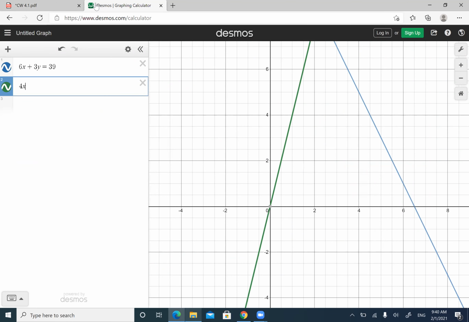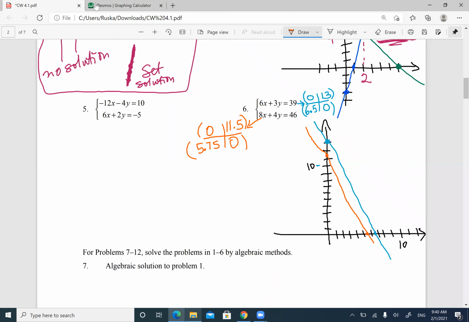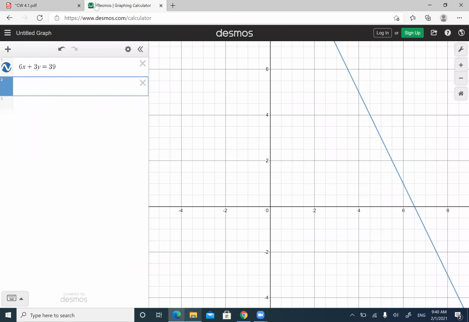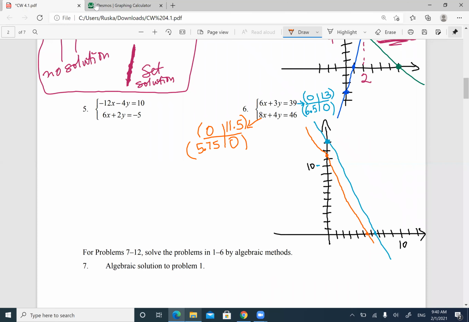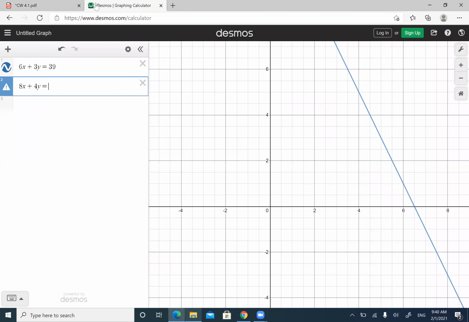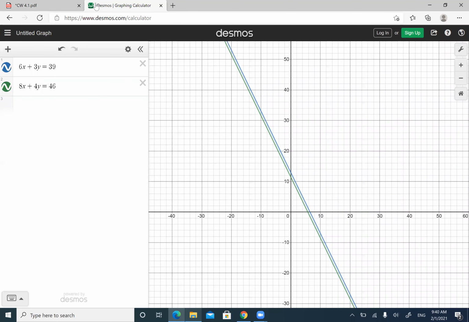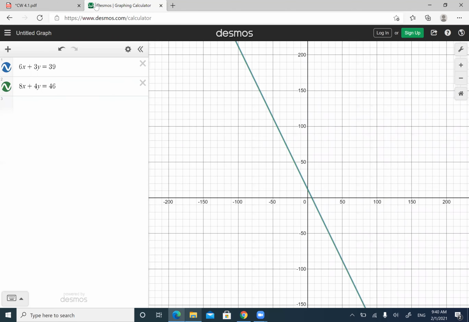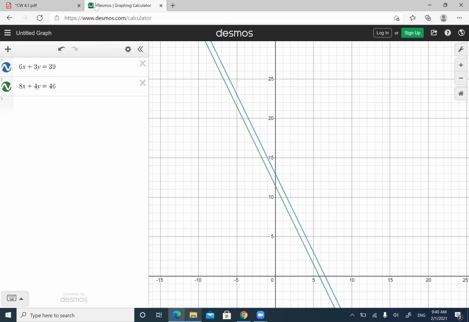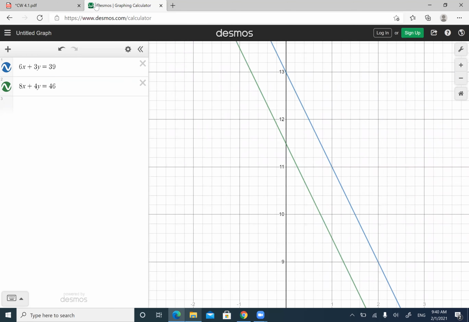And then the second one is 8x plus 4y equals 46. Yep, they're absolutely parallel. You see that? They're parallel lines. They never cross each other. Look at that. Okay, so these are two parallel lines. They never cross each other.